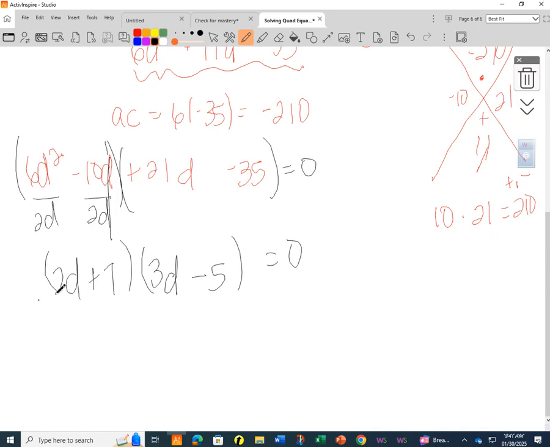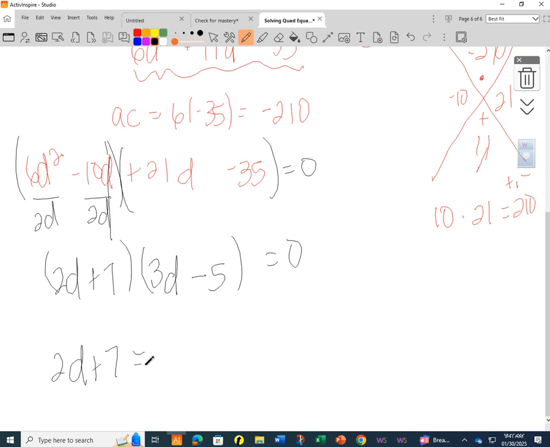And now we set the factors equal to 0. Tell me what to write for my first one. Naya, what do I write? What are the 2 factors, Naya? 2d plus 7 is my first factor. How do I set that equal to 0, Naya?